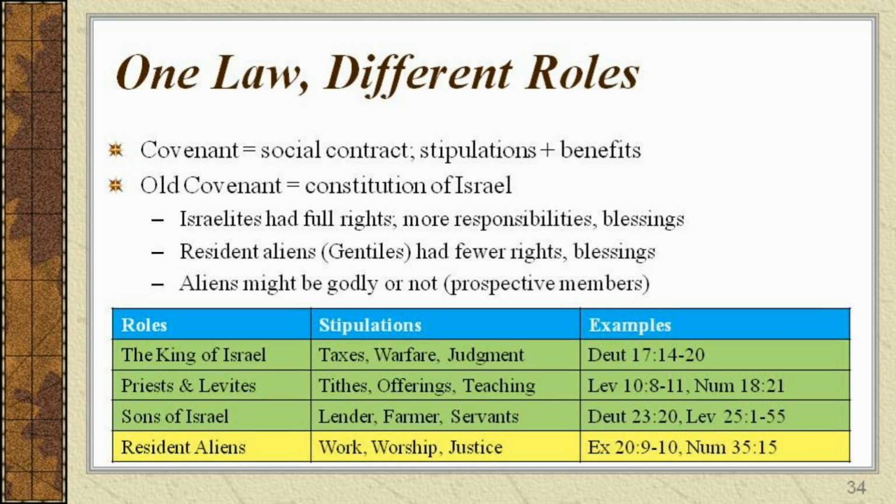For example, the king of Israel had the right to gather taxes, conduct military campaigns, and render judgment in criminal cases. The priests and the Levites had the responsibility to collect tithes from the people, offer animal sacrifices, and teach the people the law of Moses.